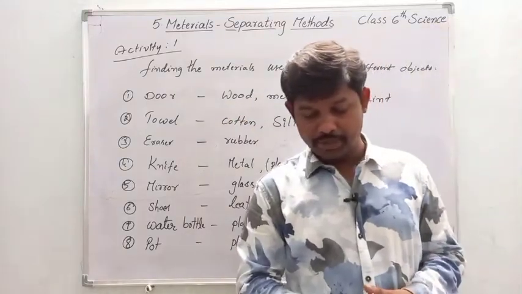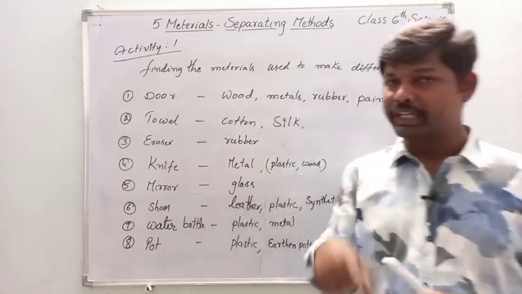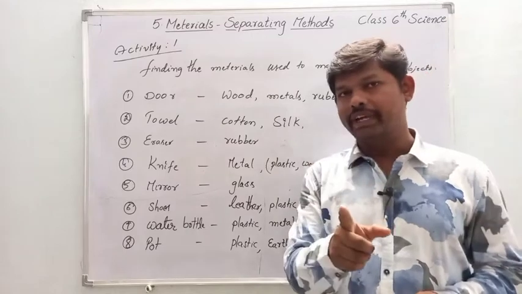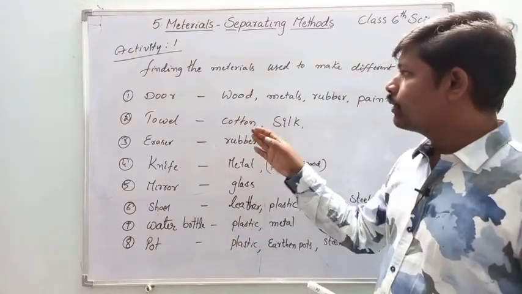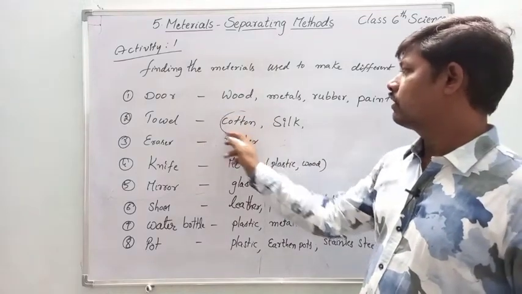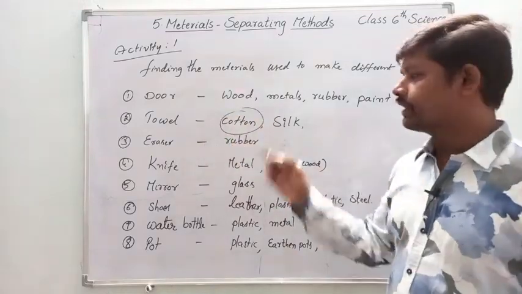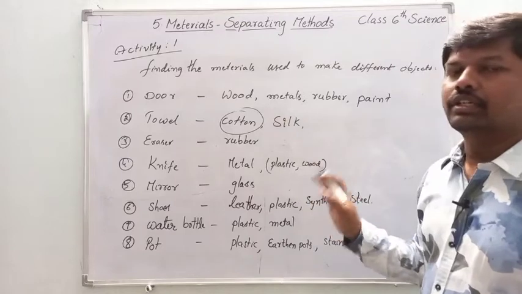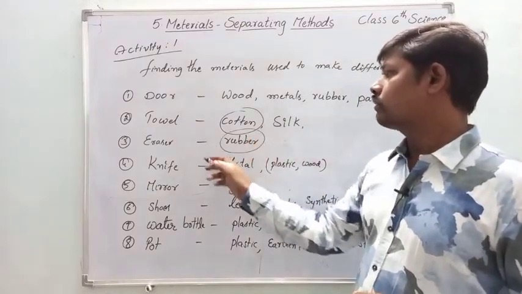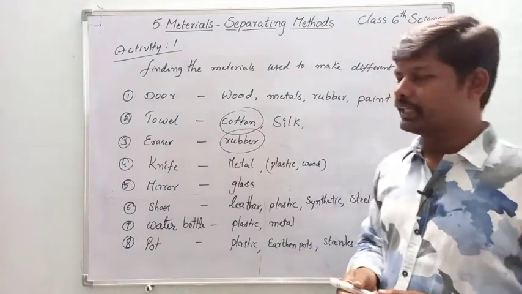Which objects are made up of only one material? That means by using only one material in this list, which objects are made? For example, towel, only one material, either silk towel or cotton towel. And eraser also made up of only one material.